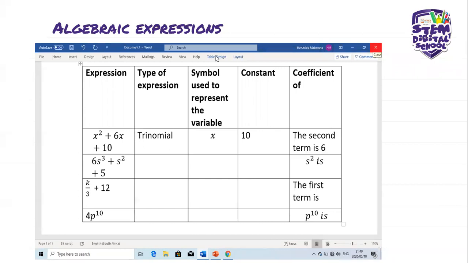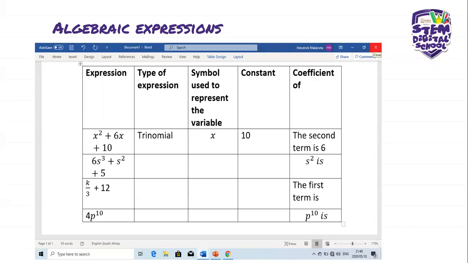I'm trying to move over to your chats now, just to see if there's any. And then the next one will be the symbol. What is the symbol that is used? What is the symbol? The symbol that is used in this case is P.